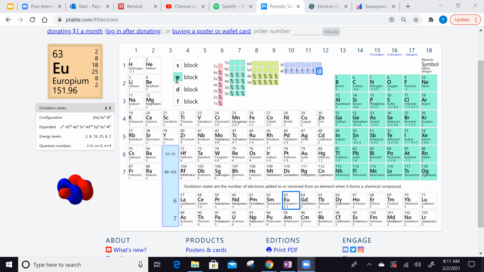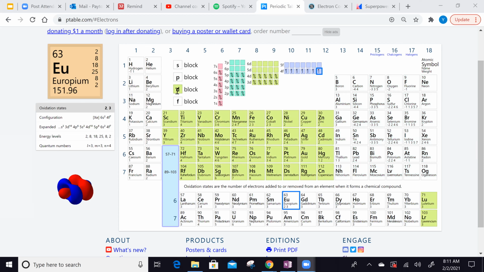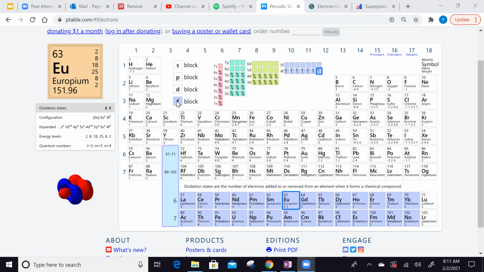D block is that center one. And then if you look at the bottom of yours, it's number 71 and 103 on the bottom of yours. So 71, 103, and then all those in the middle. Yeah, that one's D. The middle one is D. And then F block is down at the bottom. F block.